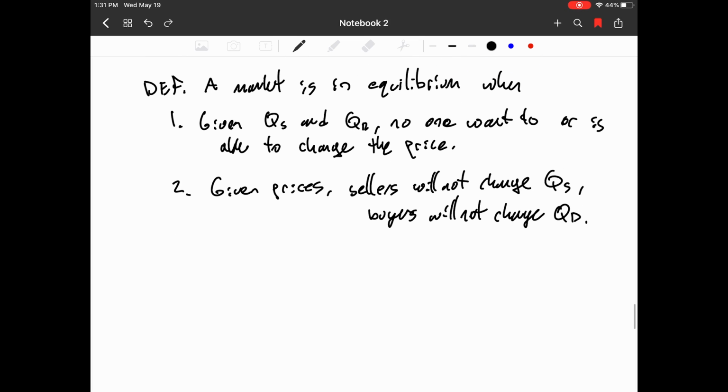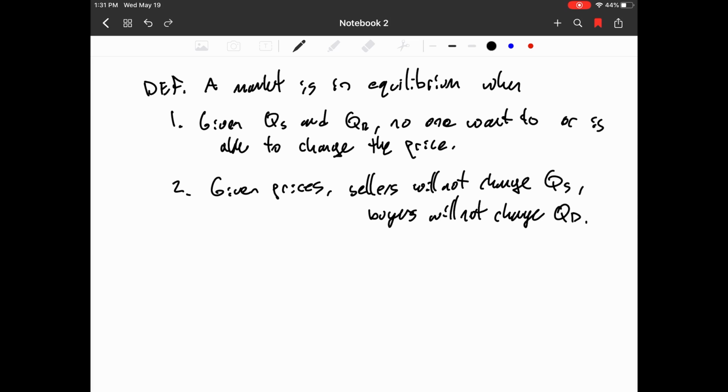So using this definition, essentially we're calling a market in equilibrium when buyers and sellers have no incentive to change their quantities or their prices, given the prevailing prices and quantities in the market.